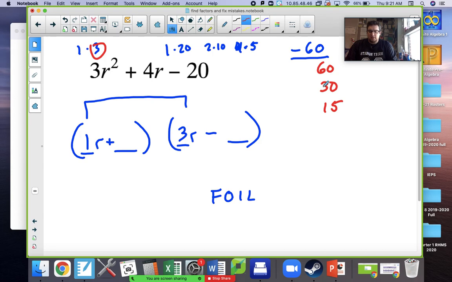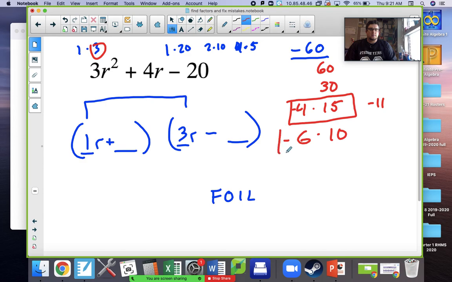I take my calculator, I take 60 divided by 15. I find that its factor partner is 4. And if I make this a negative, that gives me negative 11. That's not what we need for this one, so we know that's not it. If you take 1 times, oh, there it is, 1 times 10, 3 times 2.